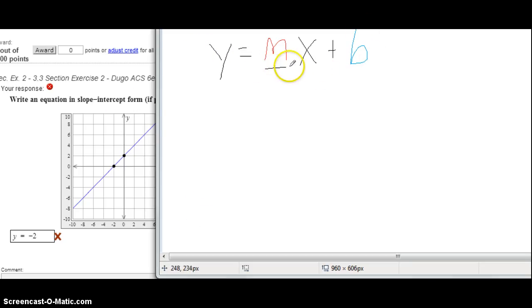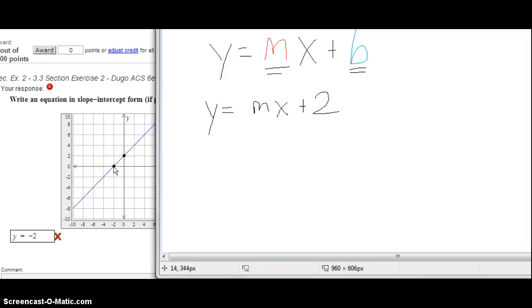The two things you're trying to find are m, which is the slope, and b, which is the y-intercept. For the y-intercept, just look, where does the line cross the y-axis? It crosses right here, which is at y = 2. So we have y = mx + 2.